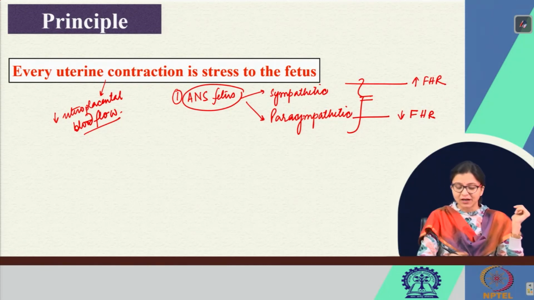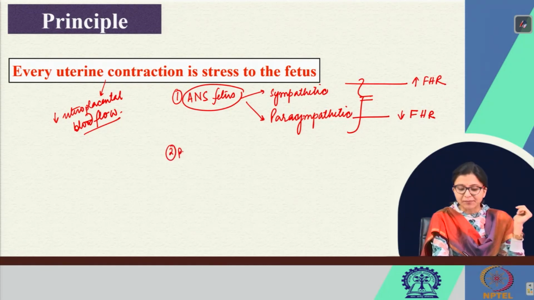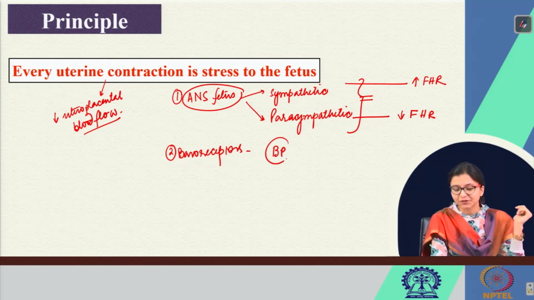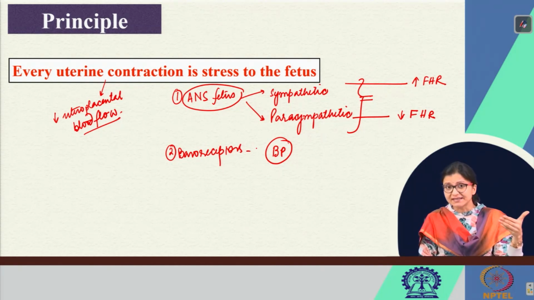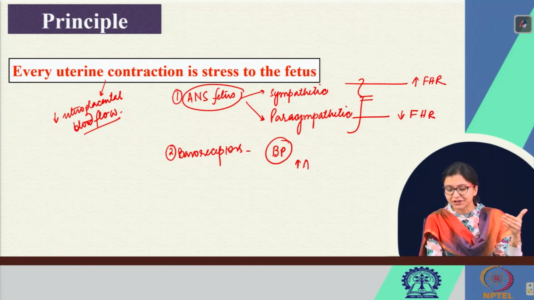Number 2 are the baroreceptors, which will assess the blood pressure. If the arterial blood pressure is high, what will happen?